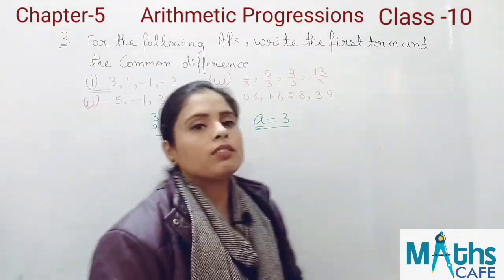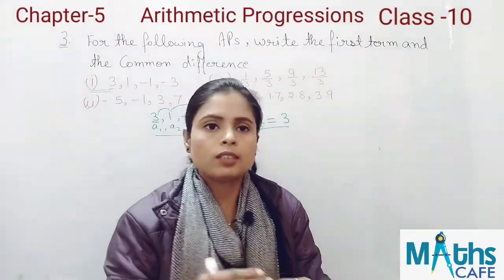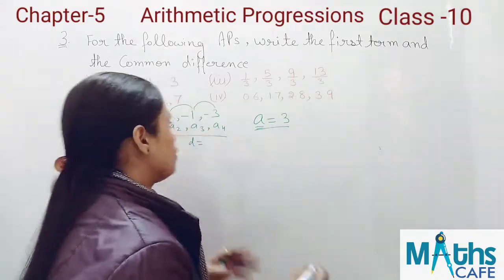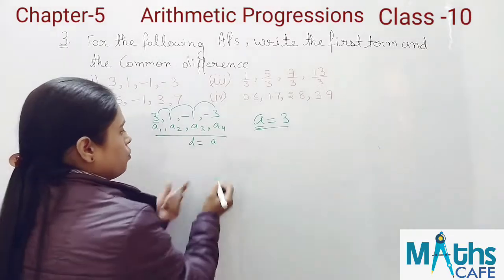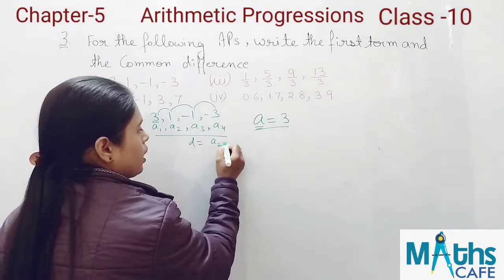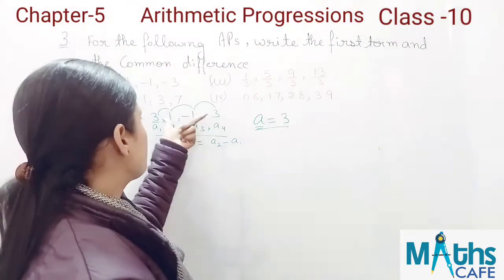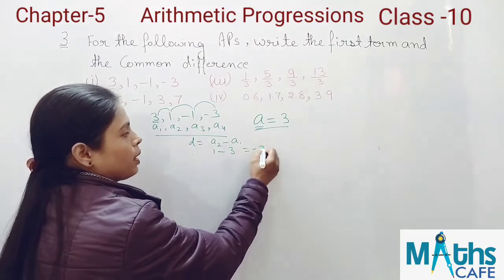But usually we just find D two times, as the values of D will be the same. For D we use a formula: A2 minus A1, and we substitute the values. A2 is 1 and A1 is 3, so that is minus 2.